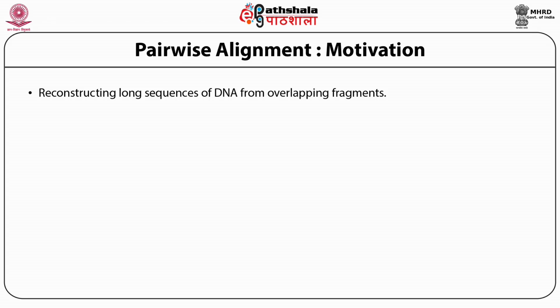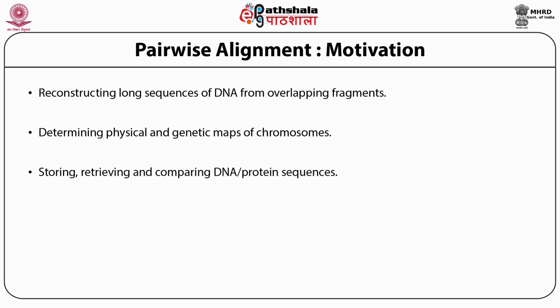This is quite useful, for example, when one constructs physical or genetic maps of the chromosomes. It's also quite useful in storing, retrieving, and comparing protein and DNA sequences. It is imperative while doing homology modeling or while studying sequence structure and their interrelationships.